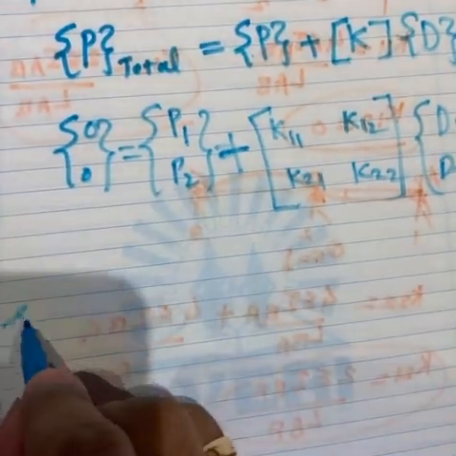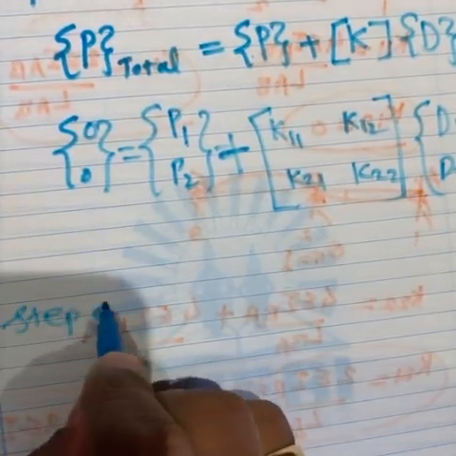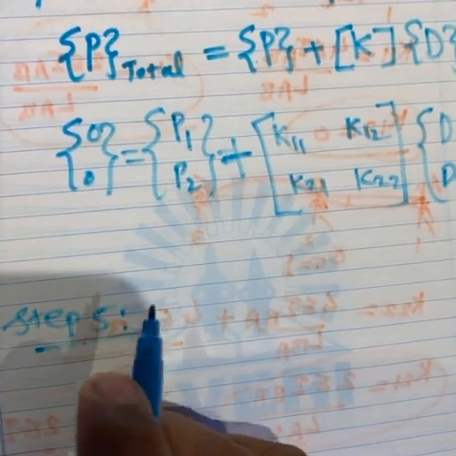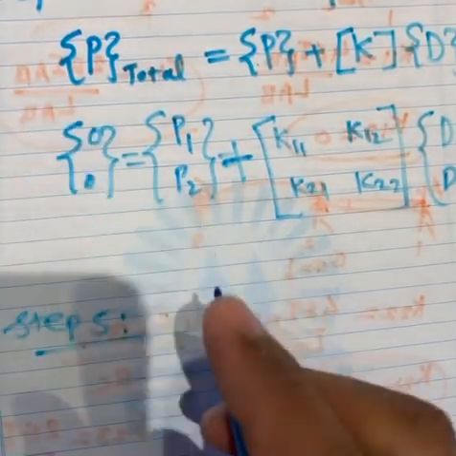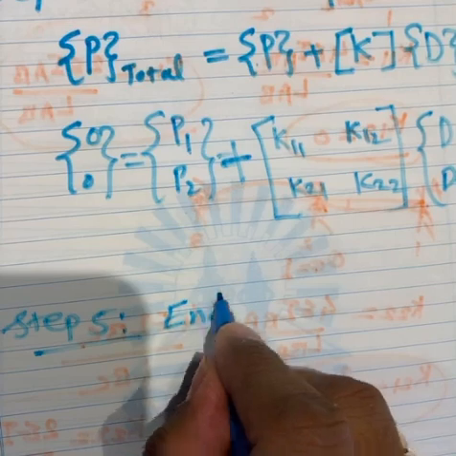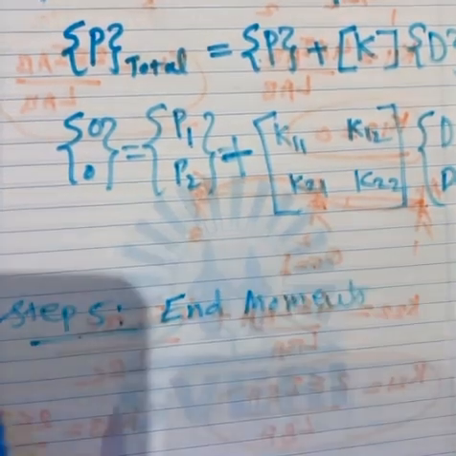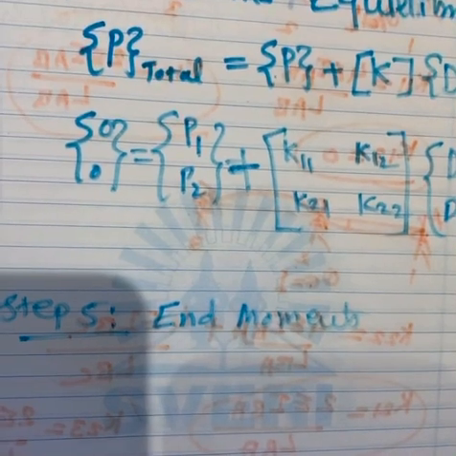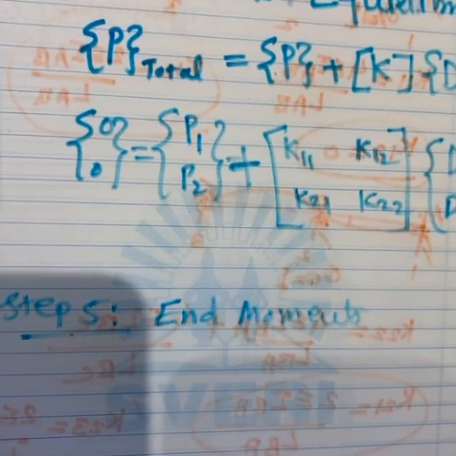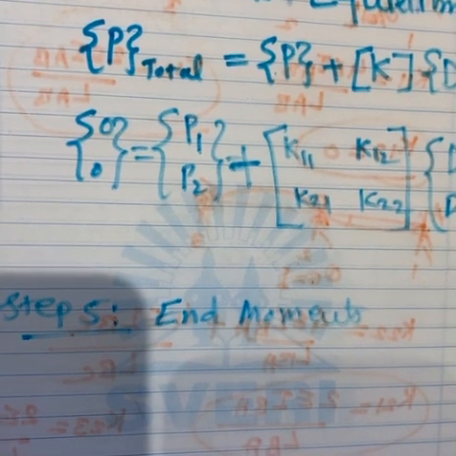Then step number 5, that is we have to get the end movements. Step number 5 is end movements. We will understand how to calculate the end movements.